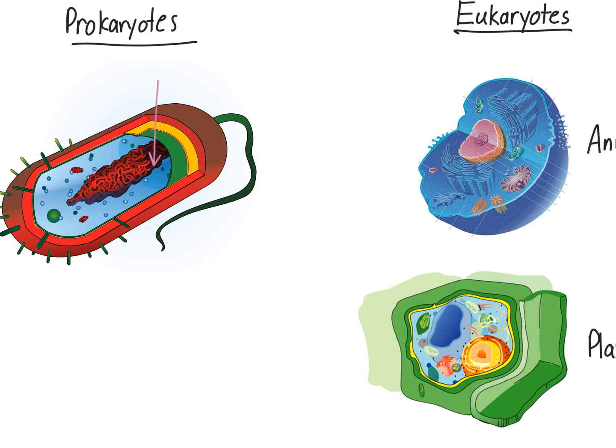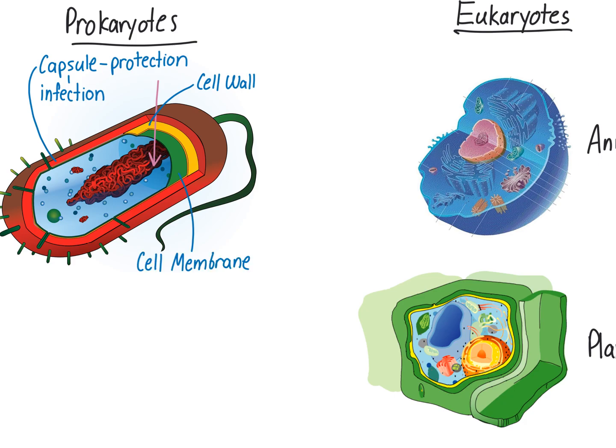Going from the outside in, some bacteria have a capsule, which provides protection and, for some species, helps them infect their host. Nearly all prokaryotes have a cell wall, and inside that is the cell membrane that keeps the interior of the cell separate from the environment.